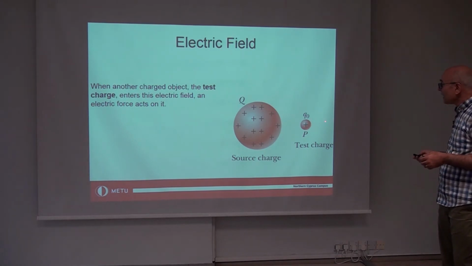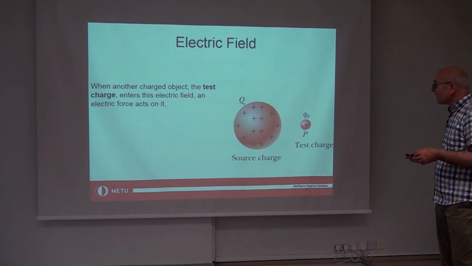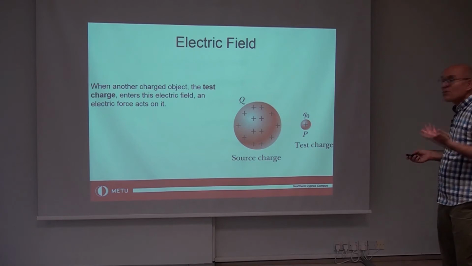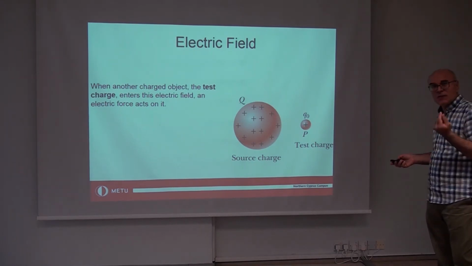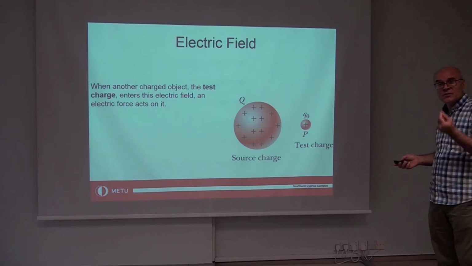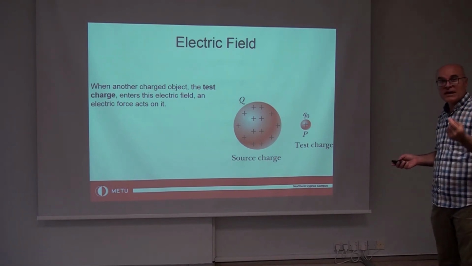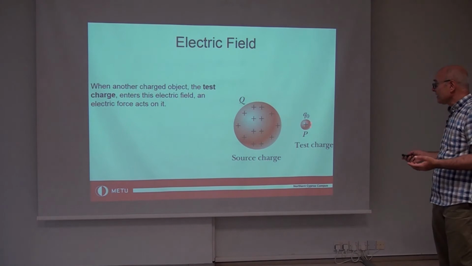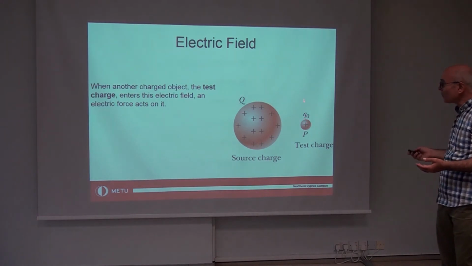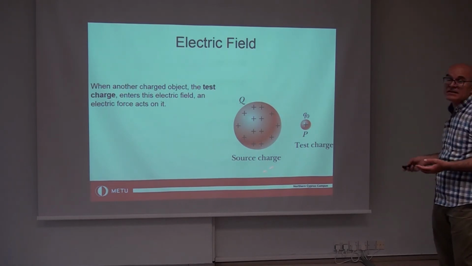When you bring this into a region where a field exists from another source charge, then this will feel a force. This is why we call it a test charge, because it is the tool that you use to test for the presence of a field in some region. So this is the charge that tests for you that there is an electric field generated in this space.